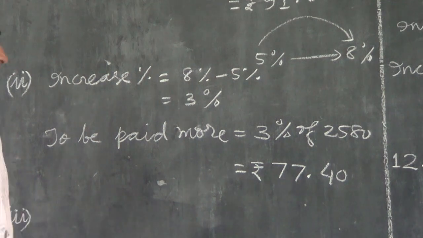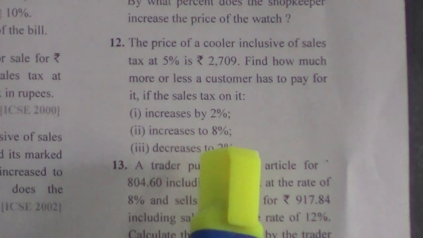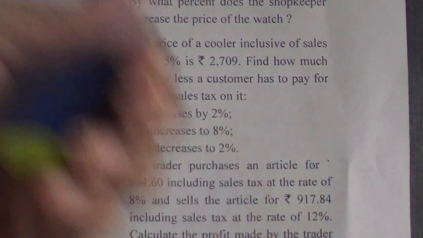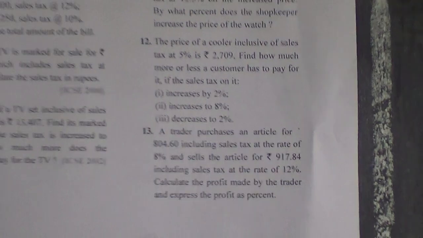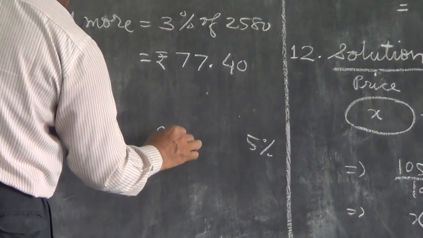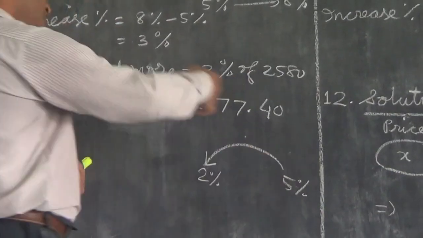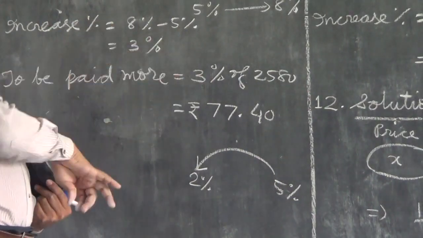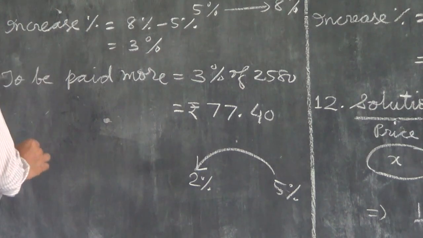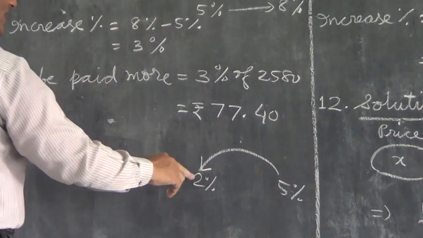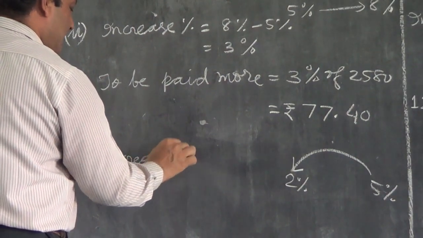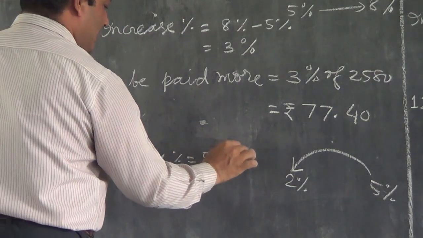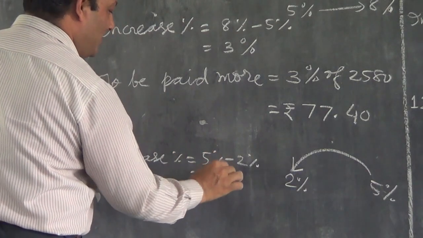Then third bit is saying it decreases to 2%. So here you see, I will draw the model here. It was 5% and it decreases to 2%. Means it became 2%. So decreases by how much percent then? Decreased percent equal to 5% minus 2%, that is 3%.